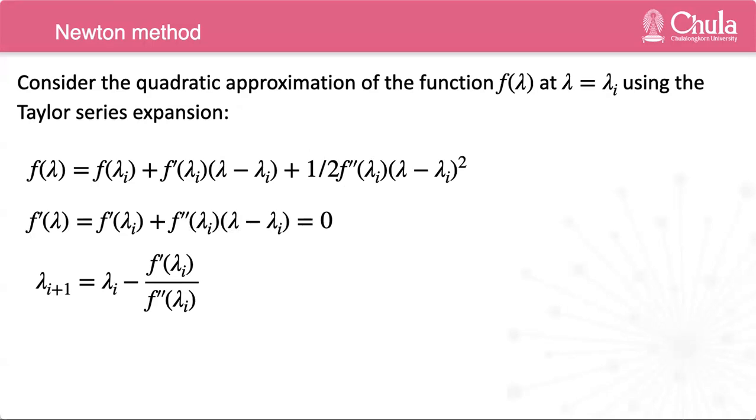And you know that the derivative at the minimum point must be 0, right? From the basic classical theory, the necessary condition at the minimum point is that the derivative must be 0. So we take this to be 0 and rearrange again.